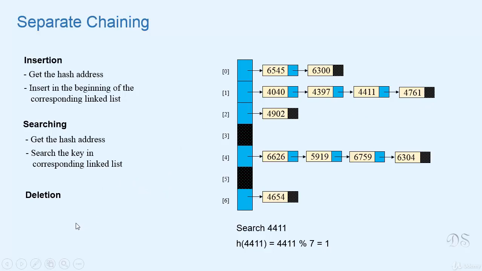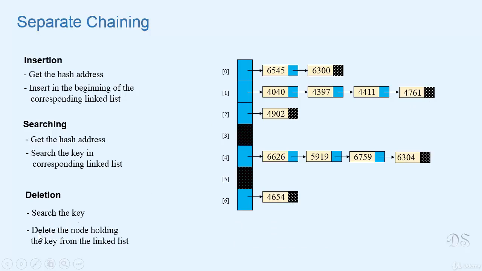Now for deleting a key, first we'll search the key and then we'll delete the node that is holding the key from its linked list. Now these linked lists are referred to as chains, and we have a separate chain for keys having the same hash address. So this technique is named separate chaining.